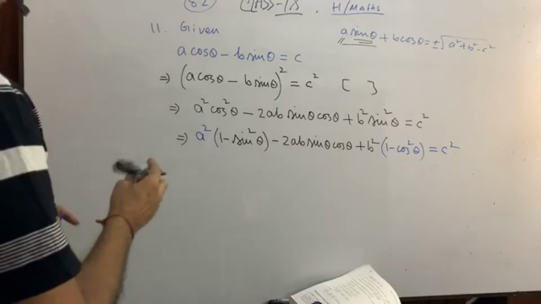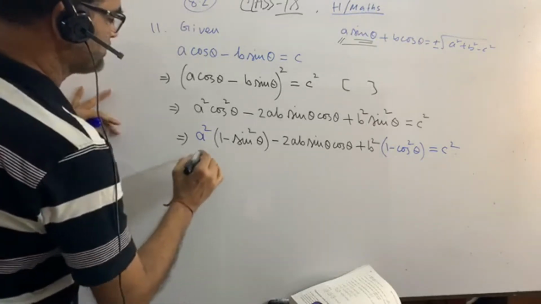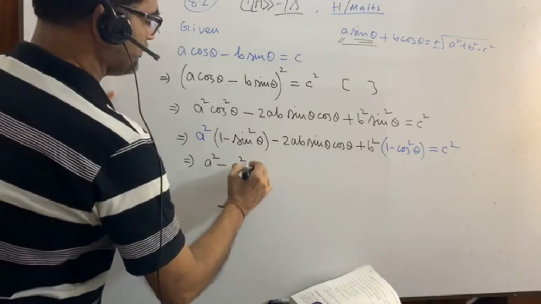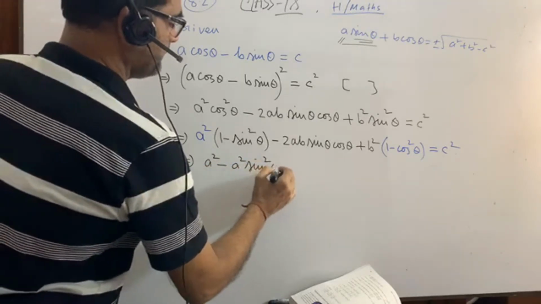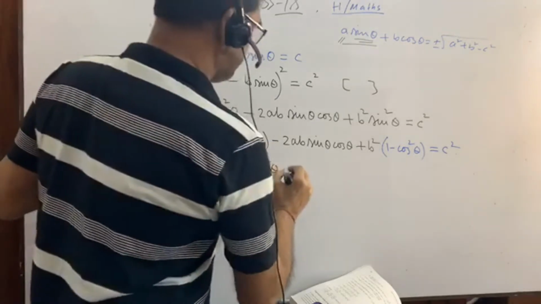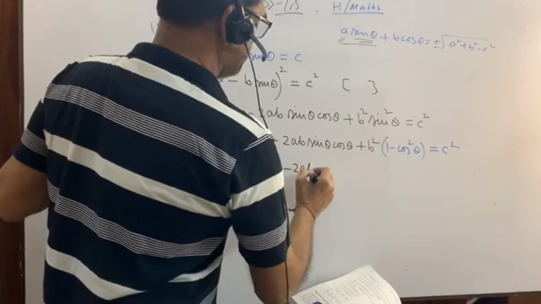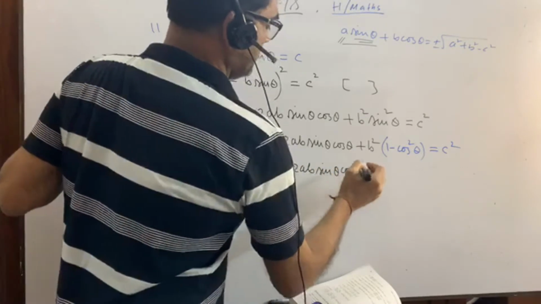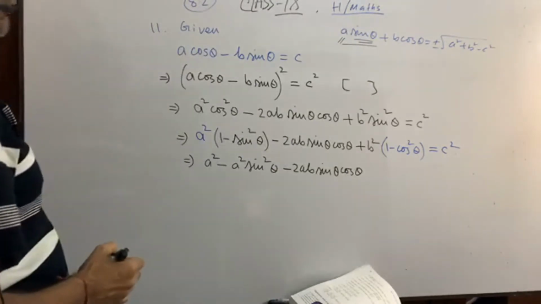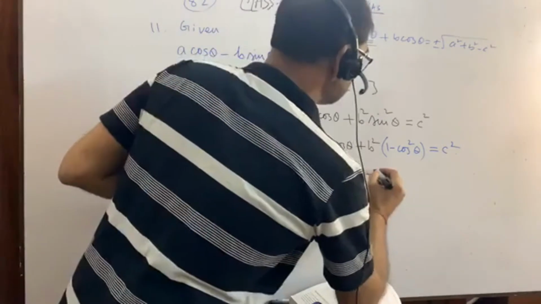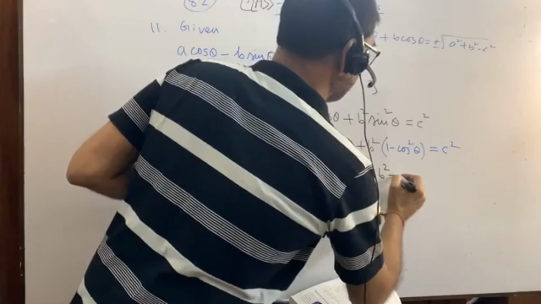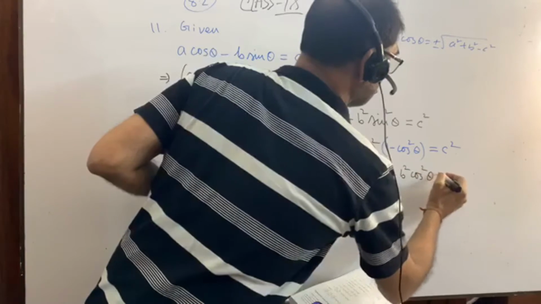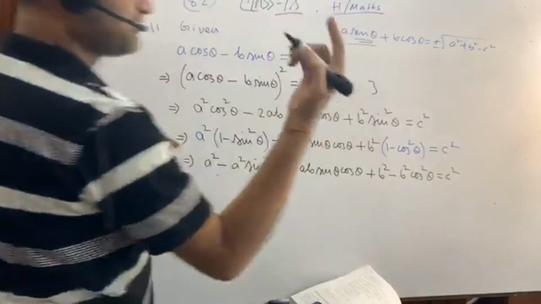Now you have to multiply it. You see how it becomes: a square minus a square sin square theta, minus twice ab sin theta cos theta, just to maintain the formalities, plus b square minus b square cos square theta is equal to c square.